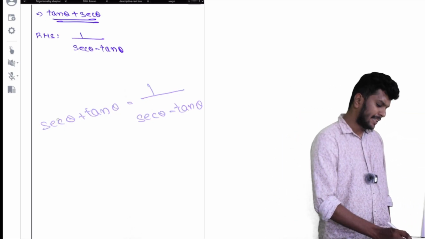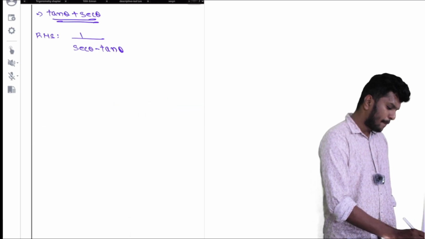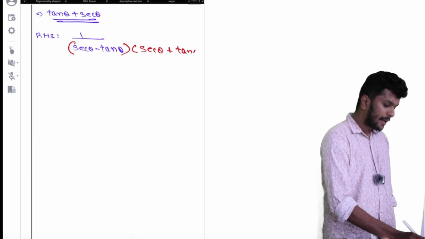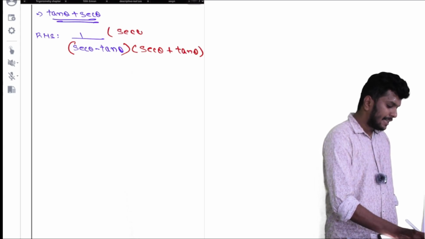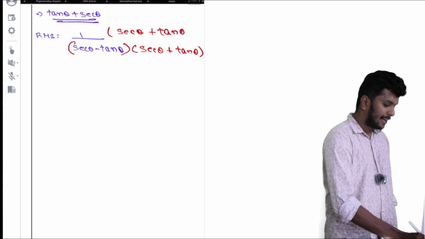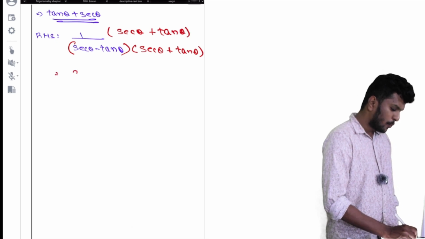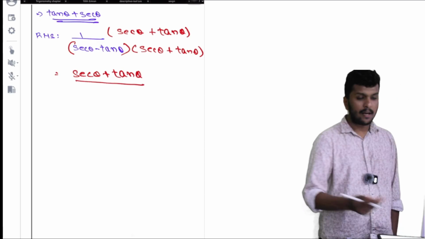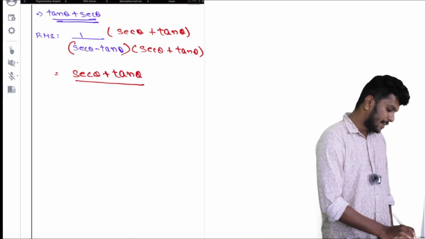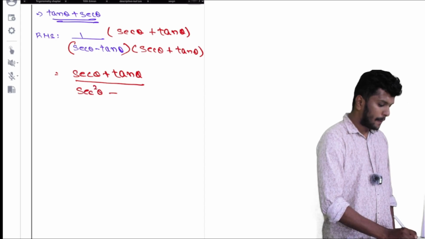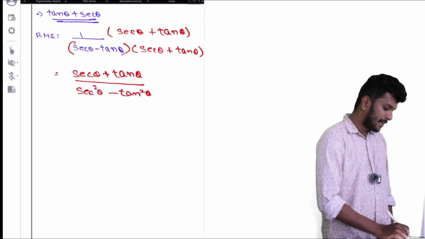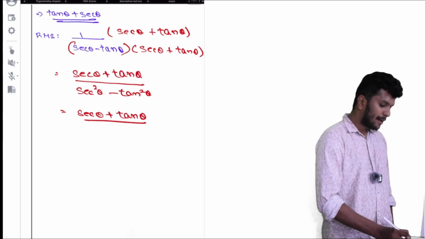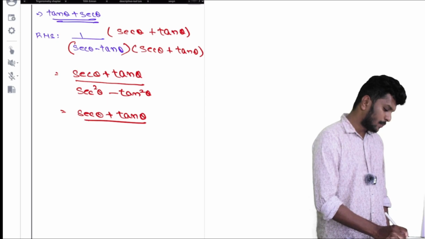How? Let us check it now. I'm multiplying with their conjugate, sec theta plus tan theta, and the same way here, sec theta plus tan theta. So your numerator becomes sec theta plus tan theta, whole divided by, what happens to the denominator? It becomes sec square theta minus tan square theta, which is 1.